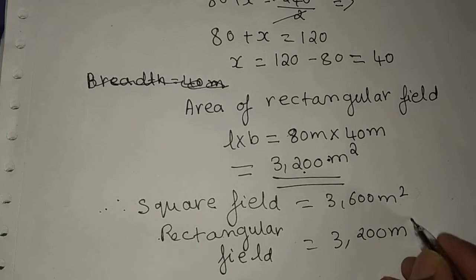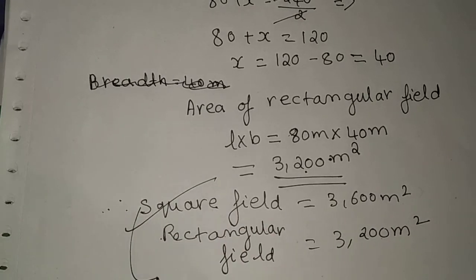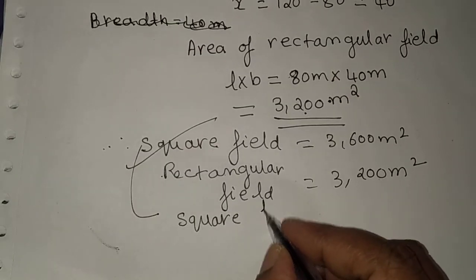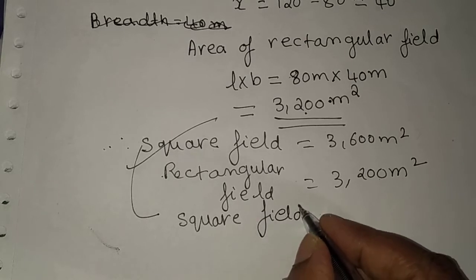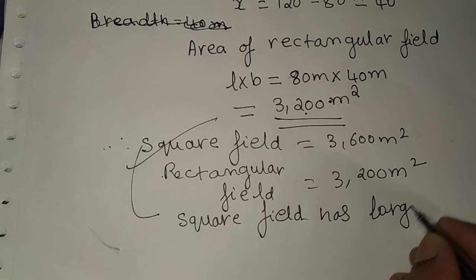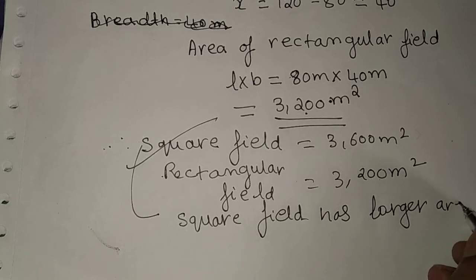So now which is greater? The square field is the greater. Finally, we have to write: the square field has larger area. So this is the solution.